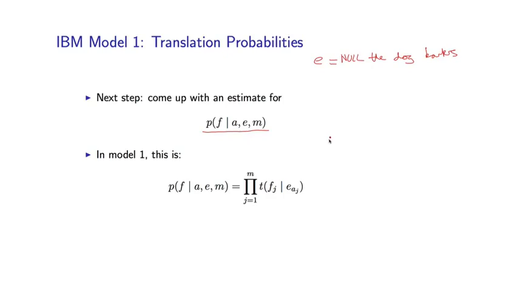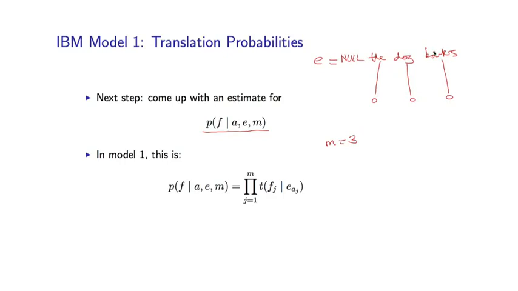We have some length of the French sentence, say M equals 3. So we have 1, 2, 3 positions here. And we have some alignment. So for the sake of argument, let's assume we have this alignment here. First word in French is aligned to the first in English. Second word in French, second word in English. Third word in French, third word in English.